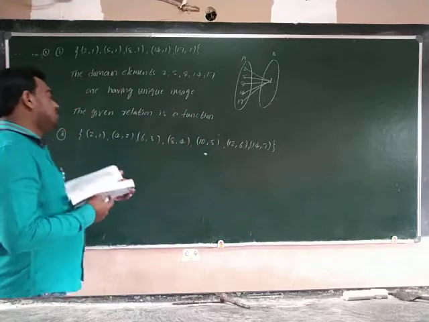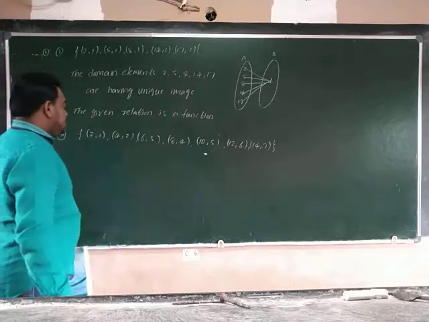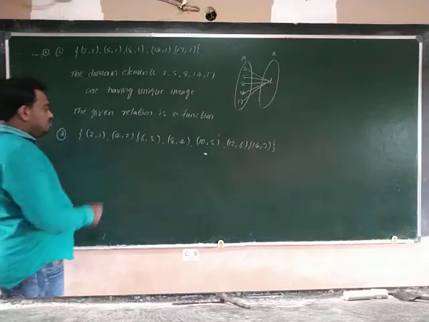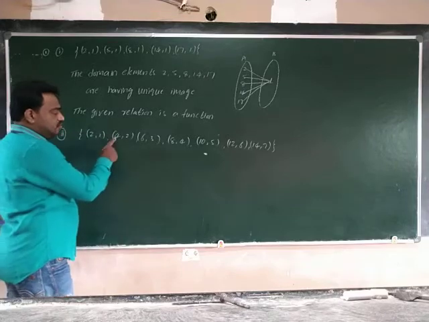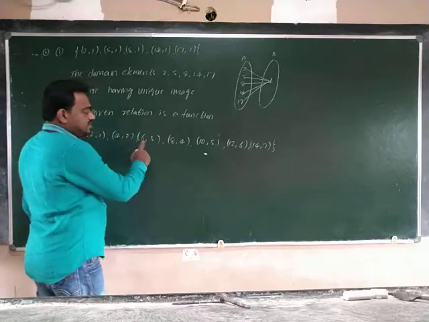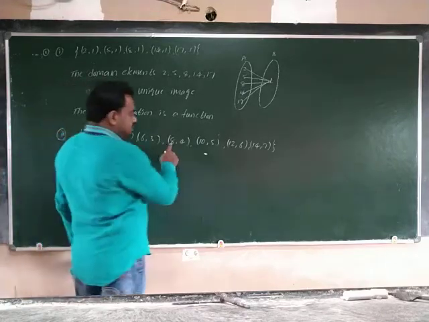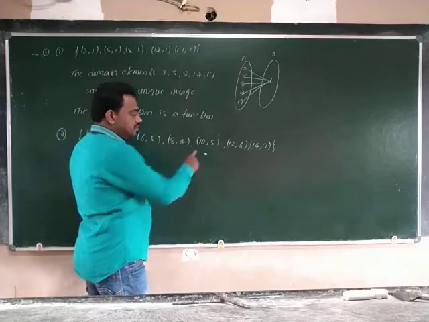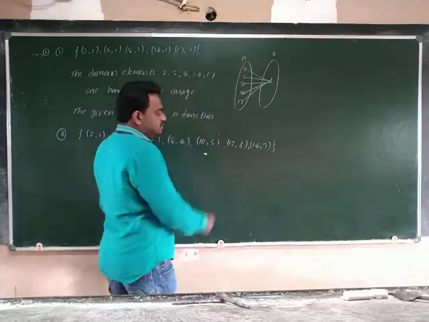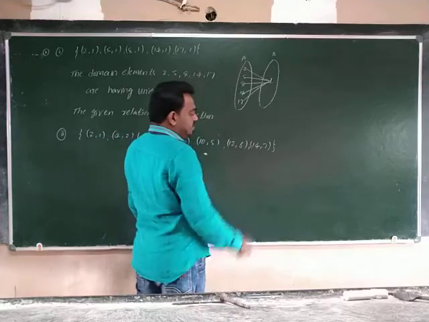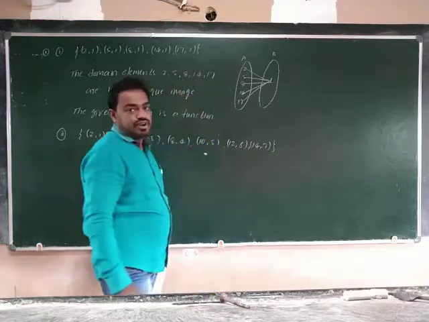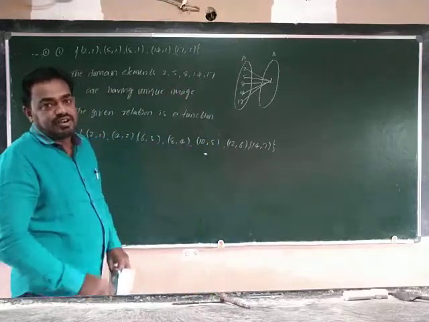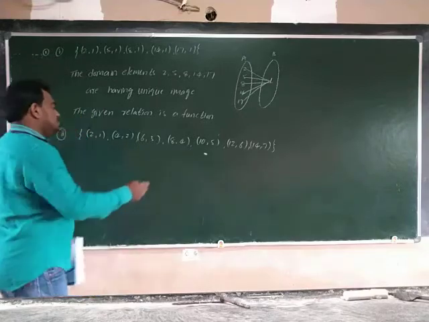This is the given relation. See the relation: 2 has only one image, 4 has only one image, 6 also, 8 also, 10 also, 12 also, 14 also has only one image. That means every element has a unique image.